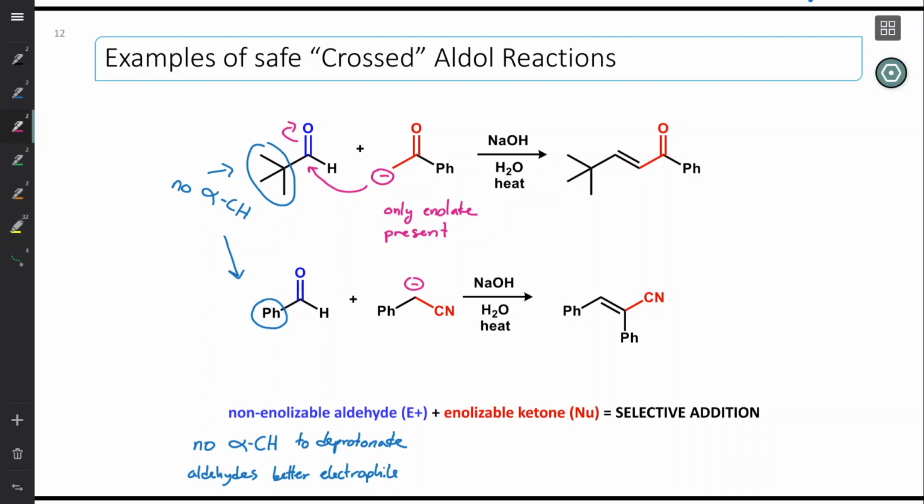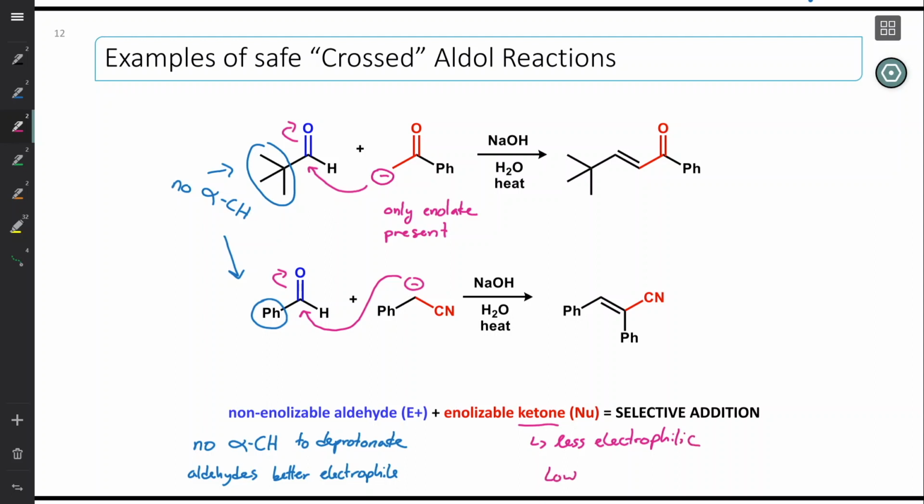Remember, you can enolize alpha to a nitrile, right? And then with heat, you get your condensation reaction. Okay, what keeps the enolate from attacking itself, though? Ideally, you choose a ketone because those are less electrophilic than the aldehydes, so they won't compete as much.